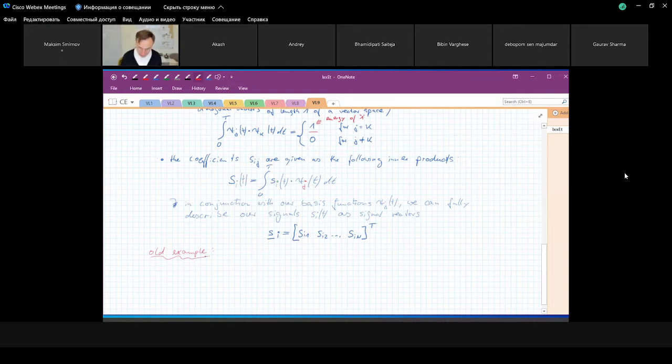Now we want to find basis functions for a minimum dimension of this signal space. This is our goal.